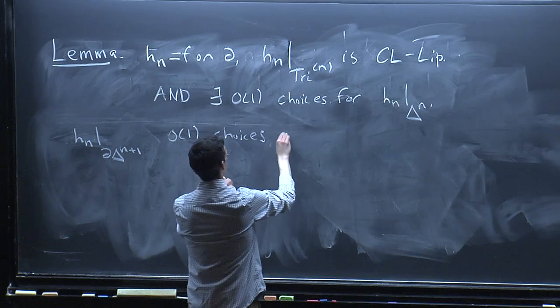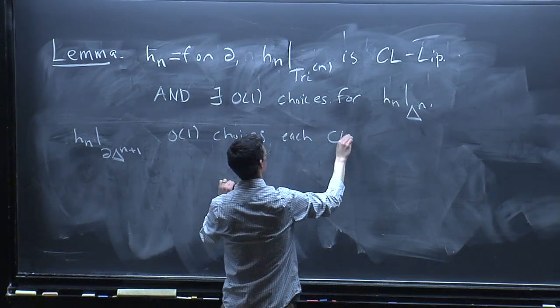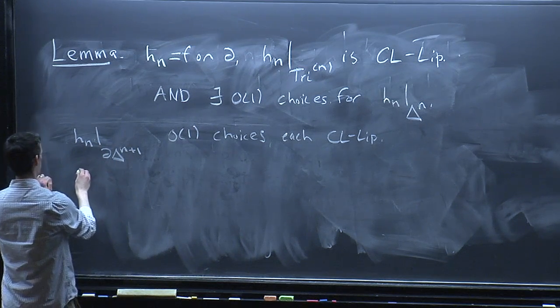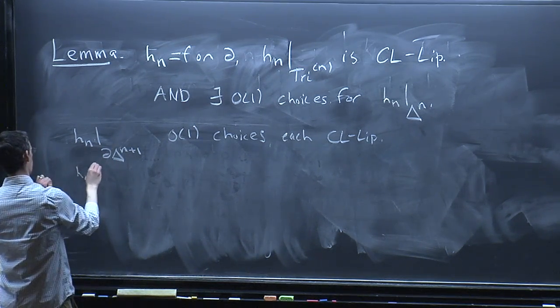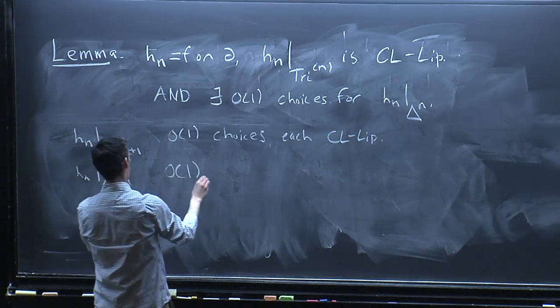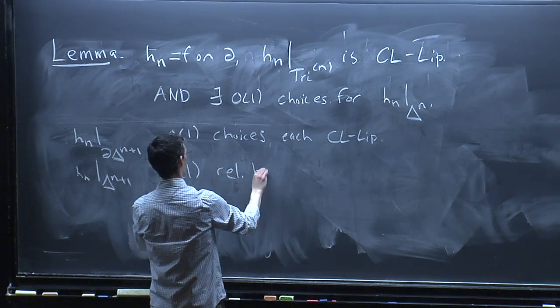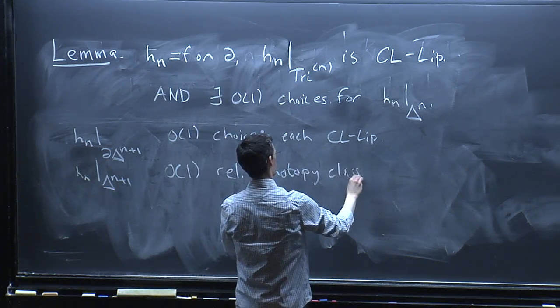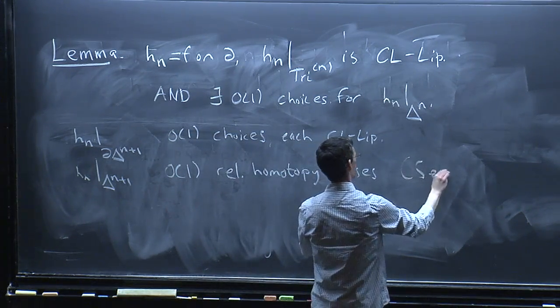And they're each CL Lipschitz. And then if I take Hn and I restrict it to the whole simplex, there are only order of 1 relative homotopy classes because of the Serre theorem.